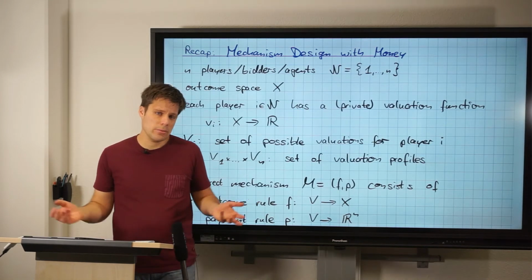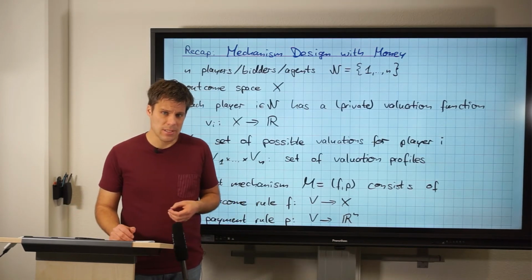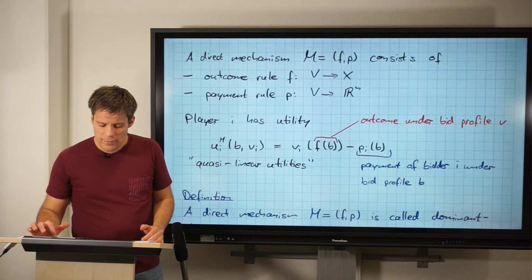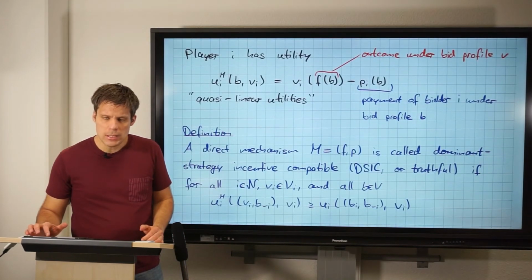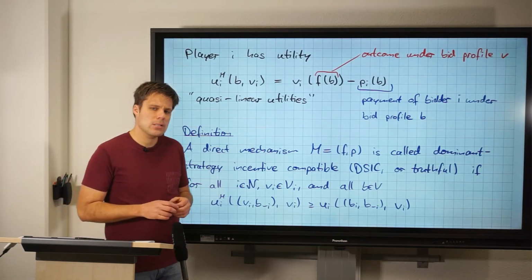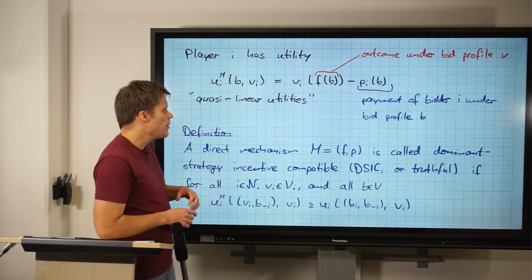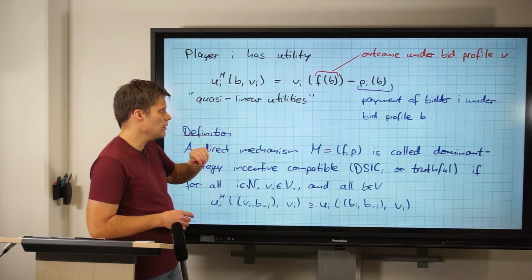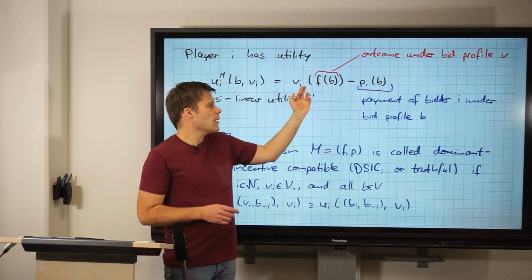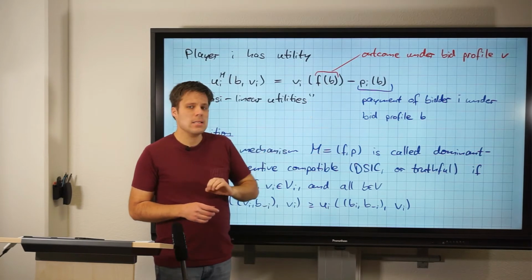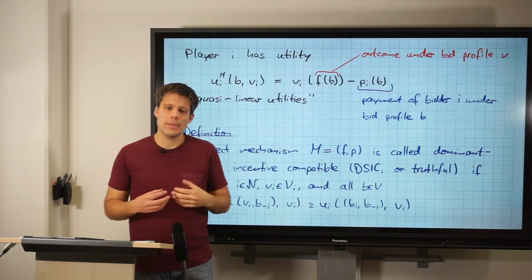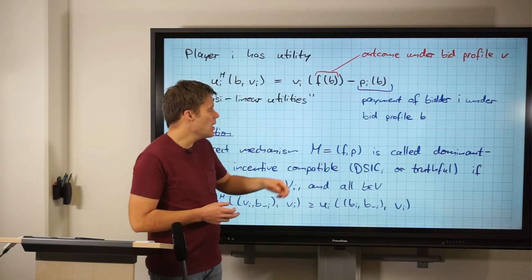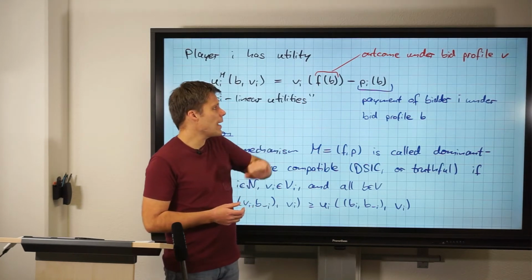But in general, we are not restricted to this kind of mechanism. Now, what are the players' utilities? The players' utilities are quasi-linear utilities. So when we're now seeing the bids, so what the bidders or the players claim their valuation is like, we now compute an outcome f.